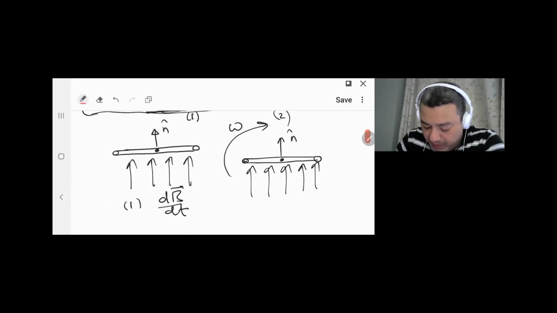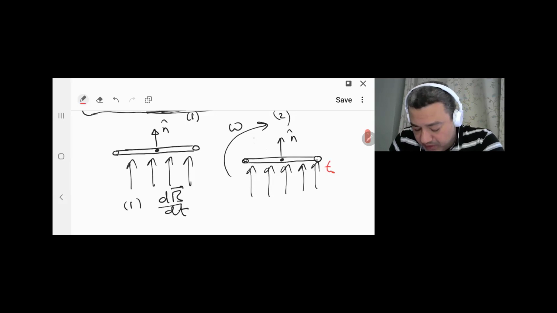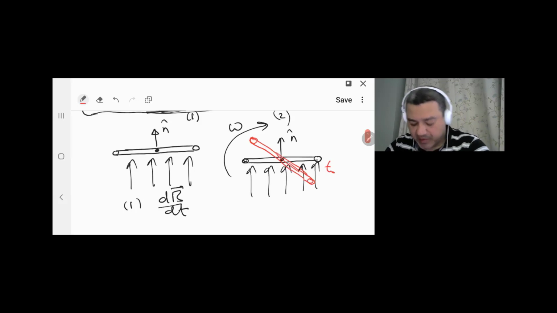For example, if this is at t naught, then this loop is gonna rotate like this at the second moment.